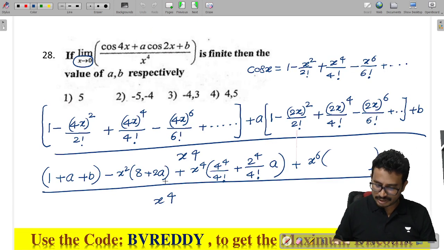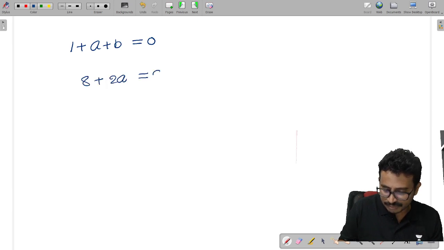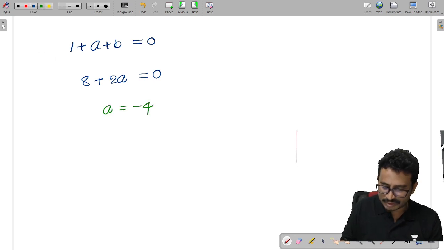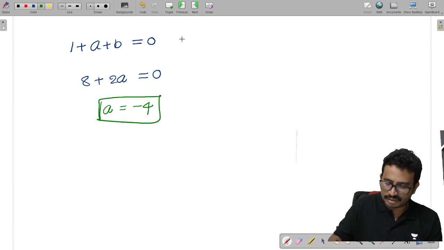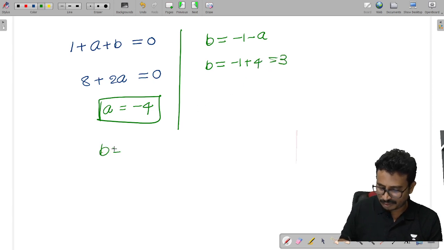Next, this term, 8 plus 2a, must also be 0. From this we get a equal to minus 4. Substitute a in the above equation, so b is equal to minus 1 minus a. So b is minus 1 plus 4, which is equal to plus 3. So b equals 3.